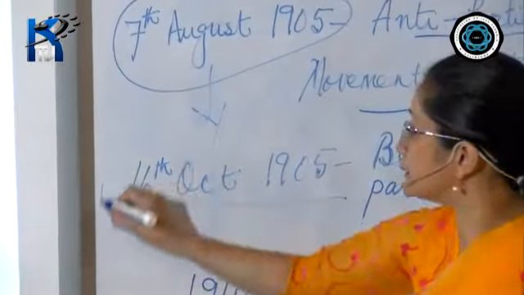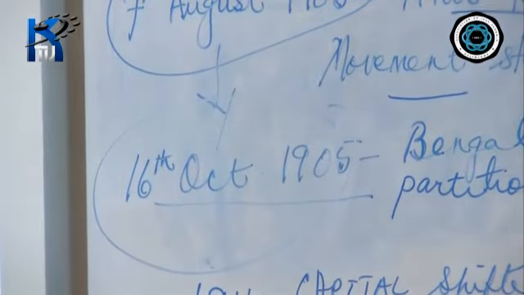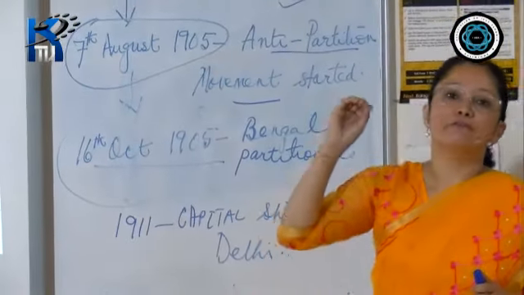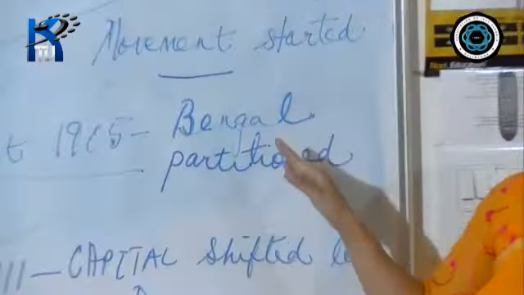But on the 16th of October, Lord Curzon also was very adamant, he was also very stubborn, and therefore he finally partitioned Bengal.